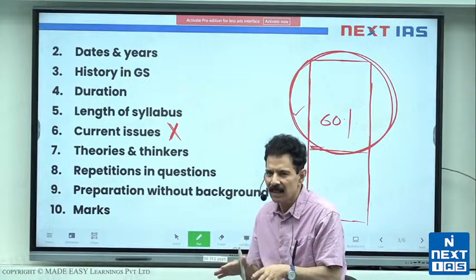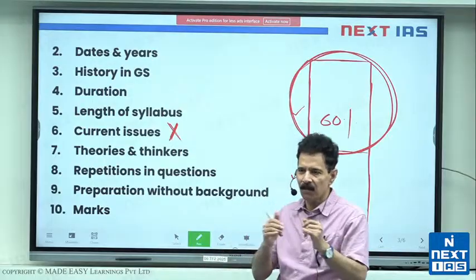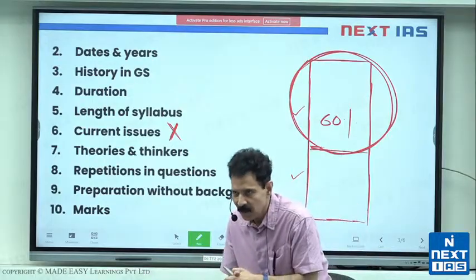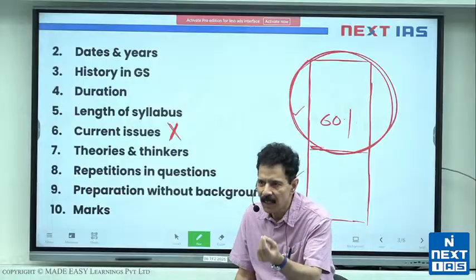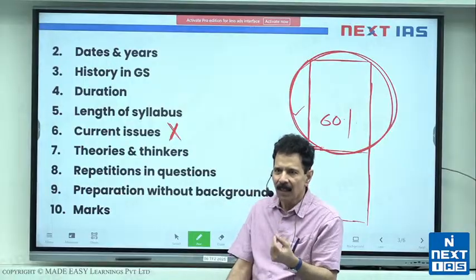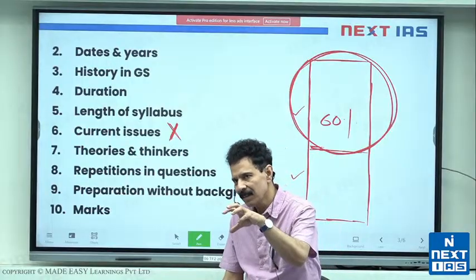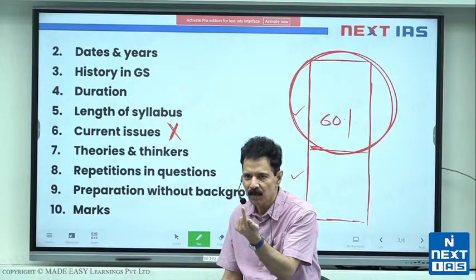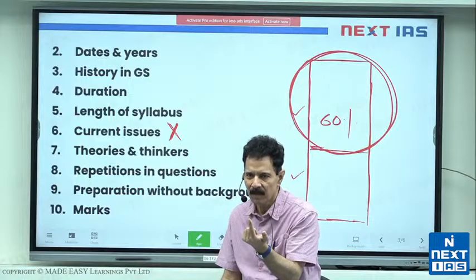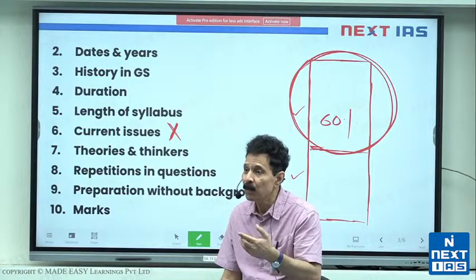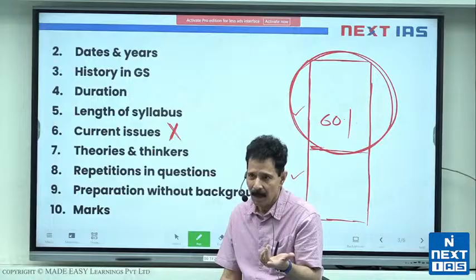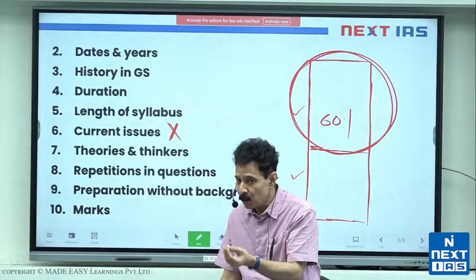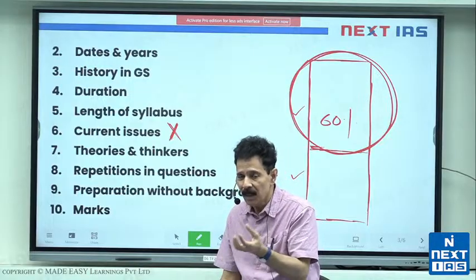This is not current. These are there in history. For example, when we do ancient Indian history, there is a topic, the Vedic age or Vedic culture. When we discuss the Vedic age, there is one important issue, the Aryan problem. What is the Aryan problem? Who were the Aryans? Were they autochthones? Were they immigrants?